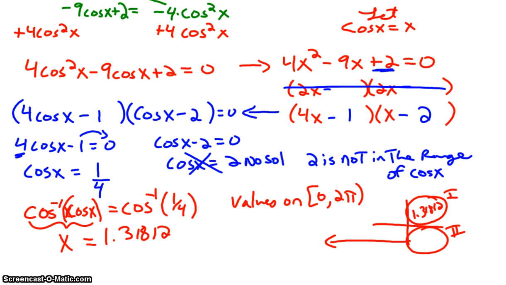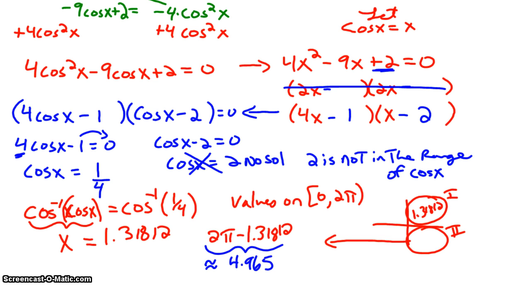So to get the other value, I need to take 2 pi and subtract that 1.31812. Now, if I quickly put that into the calculator, which just give me a moment here, take my 2 pi, subtract 1.31812 as my estimate, I find out that I obtained the value of 4.965.